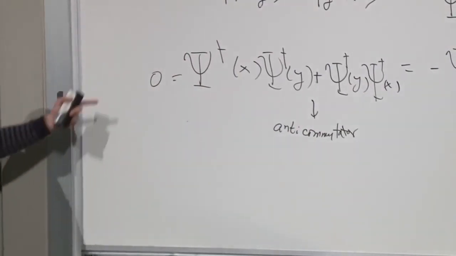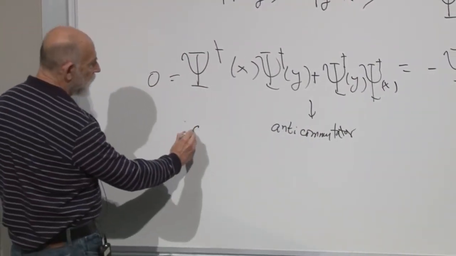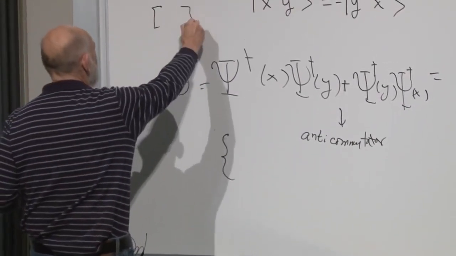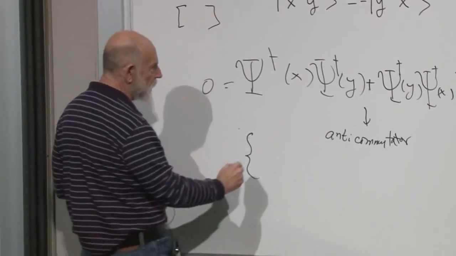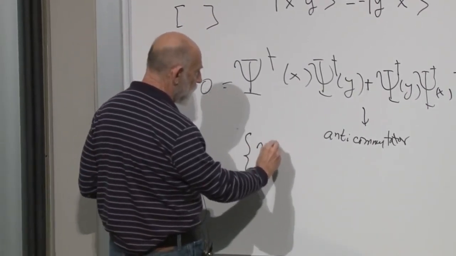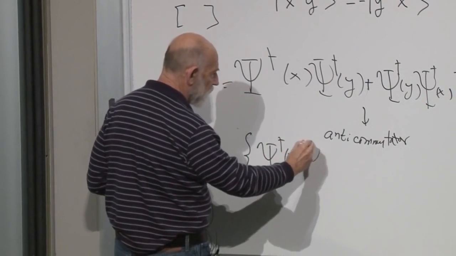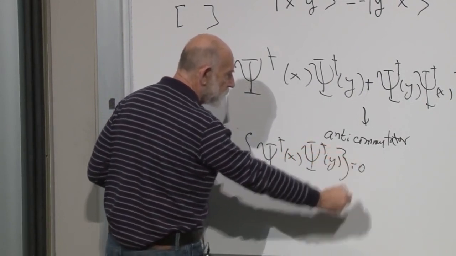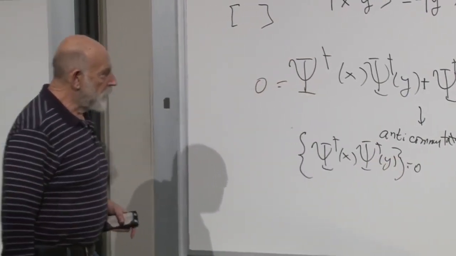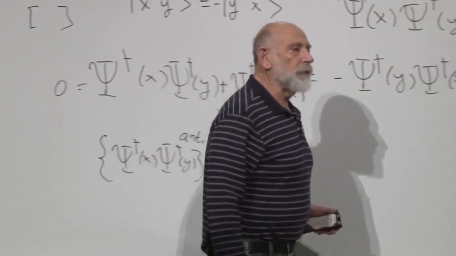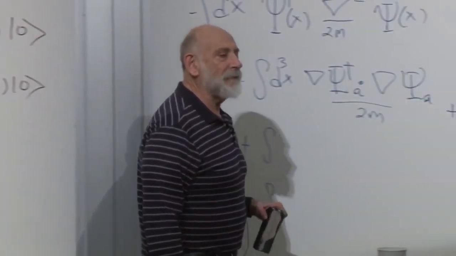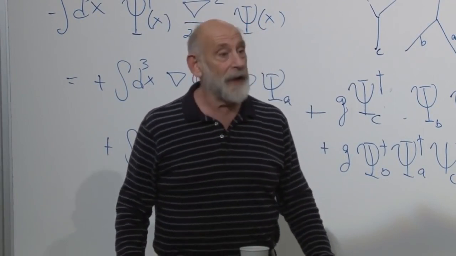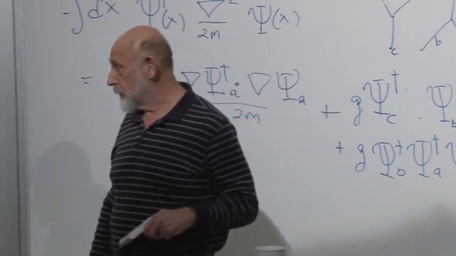And instead of a square bracket, instead of a square commutator, it's usually written with a curly bracket: psi dagger of x, psi dagger of y equals 0. Okay. In general, when you go from bosons to fermions, you just take every commutation relation and replace it by an anti-commutation relation.